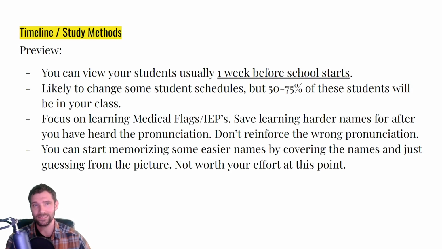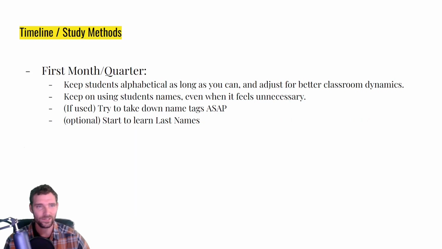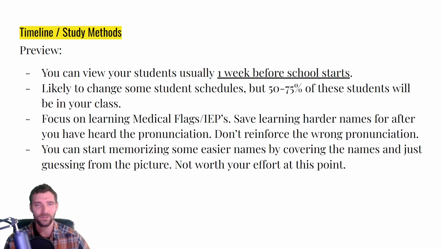When we're thinking about the timeline of memorizing student names, there's three main windows for me. There's the preview, the first week or so, and then the first month or so when you're trying to get the names down. Before school starts, usually about a week before, your grade program is going to start having students appear on your schedule and on your class lists.